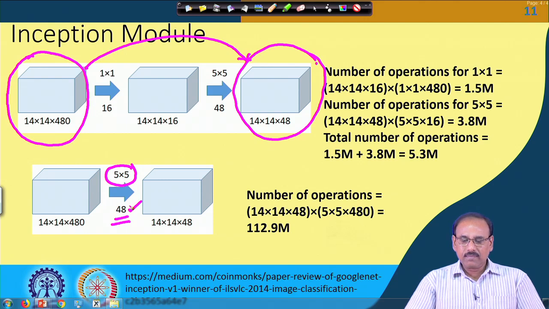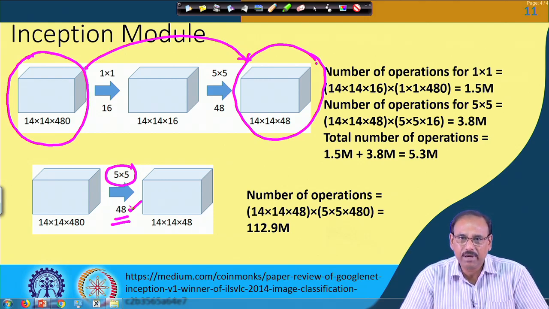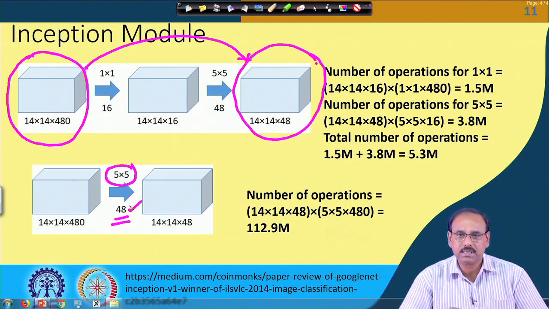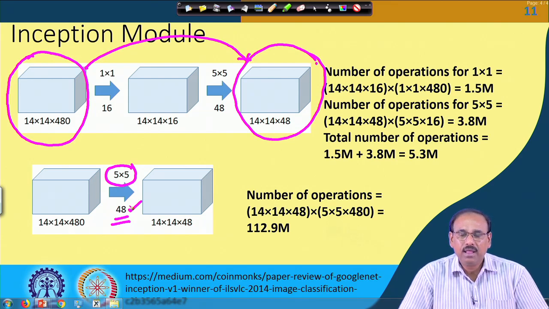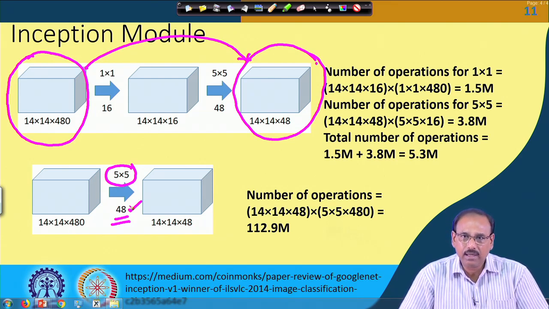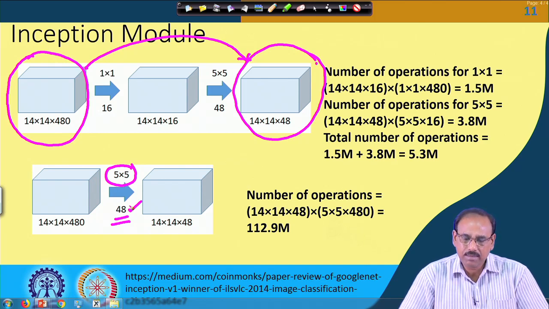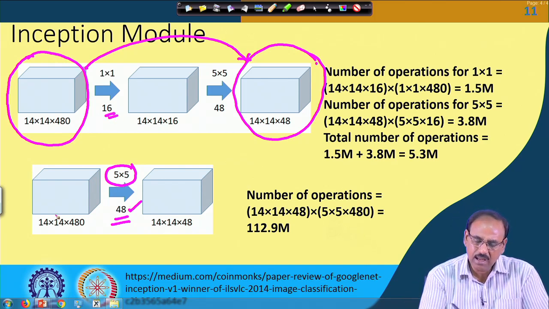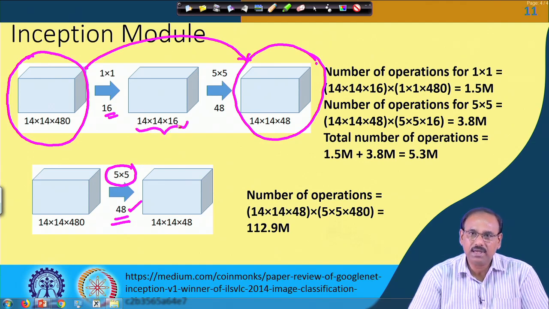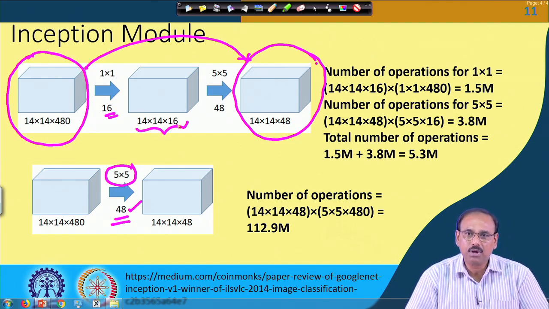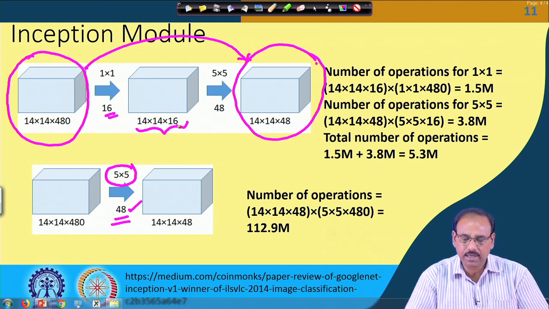The other way is, and this is just one of the ways this can be done. There are numerous possibilities in which the same can be implemented. So, one of the approaches: first let us assume that we will have 1 by 1 kernels, and each of these 1 by 1 kernels will give you a 14 by 14 by 1 feature map, and if I use 16 such kernels, I will get a feature map of 14 by 14 by 16 by stacking the output feature maps computed by each of the kernels.